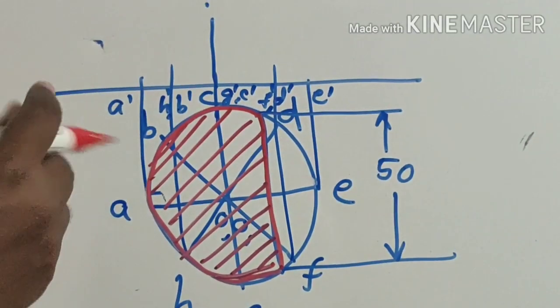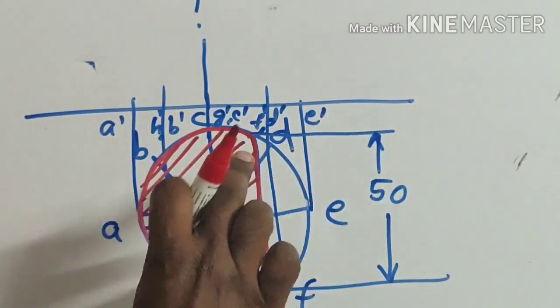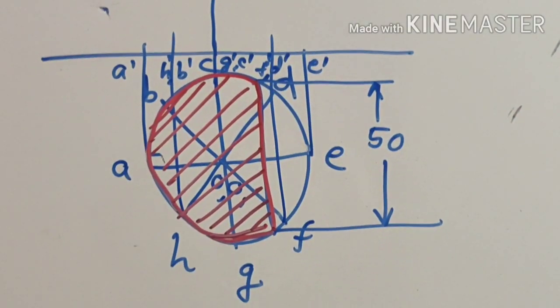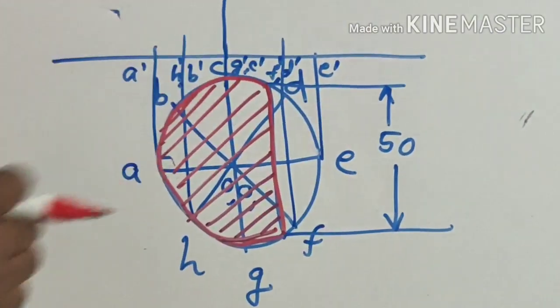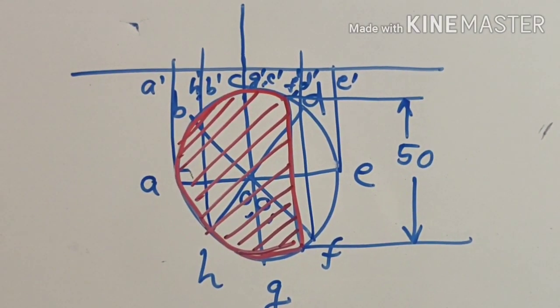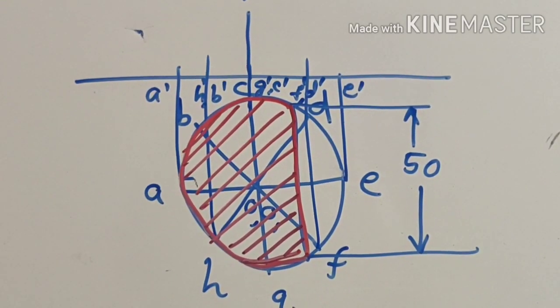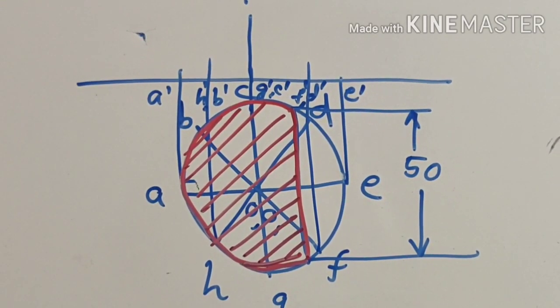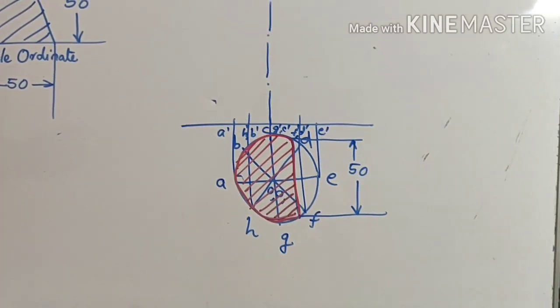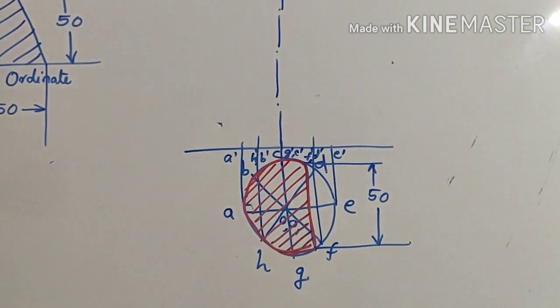Just like in the last problem, you can have one dimension in the top view, that is the length of the double ordinate. Now, we don't know the height. Then how to solve this?